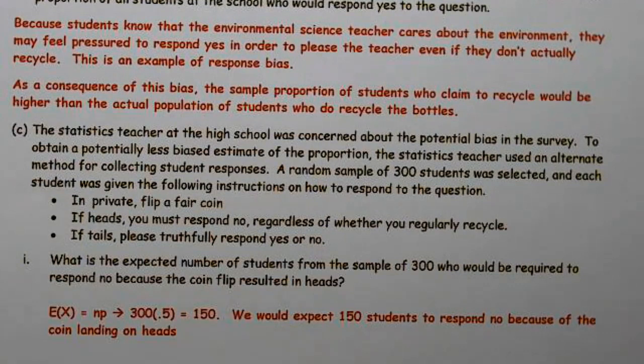Took a random sample of 300 students, and each student was given the following instructions on how to respond to the question. In private, flip a coin. If it's heads, you must respond no, regardless of whether or not you recycle. So regardless of the question of recycling, if you get a heads, the answer is no. If tails, answer the question whether you recycle or not, truthfully.